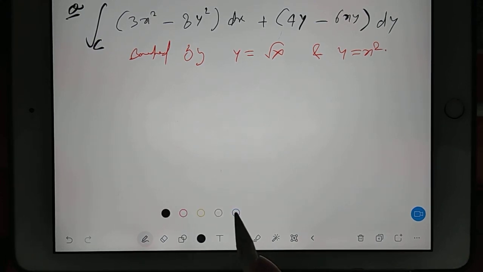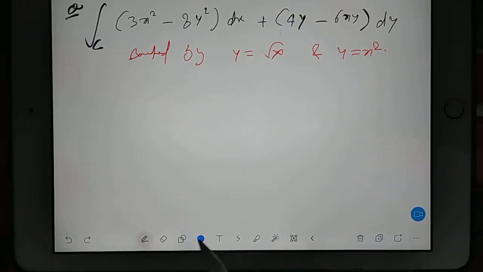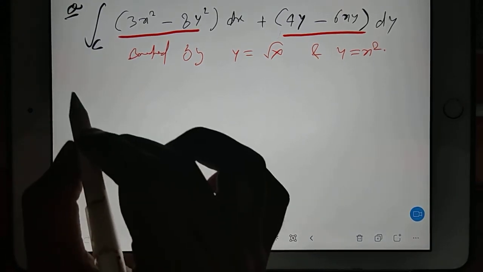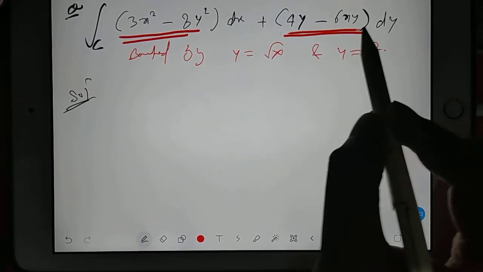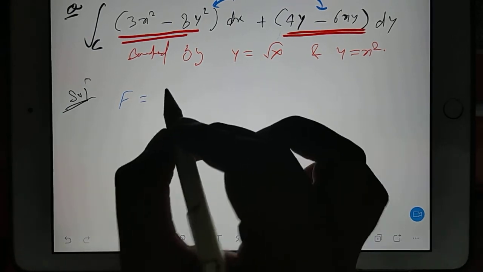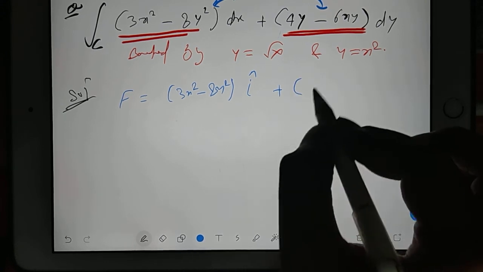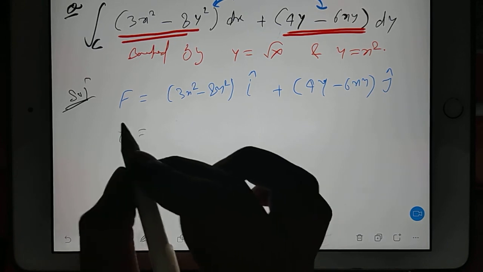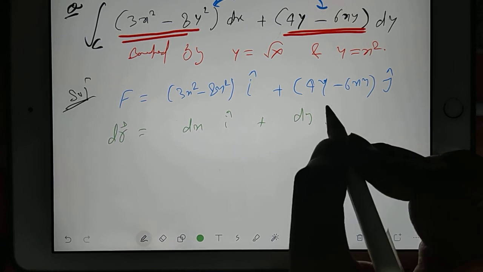Okay, let's do this. See guys, first thing to keep in mind, what is this and what is this? You know very well, though it is not important to discuss here, that because it is mentioned here and here, these are the values of F. F is nothing but (3x² − 8y²) i cap plus (4y − 6xy) j cap, and dr is nothing but dx i plus dy j.